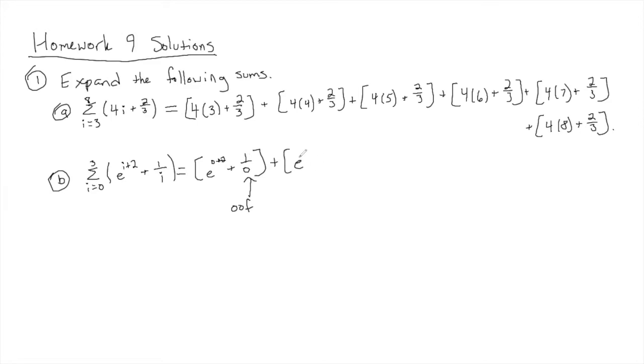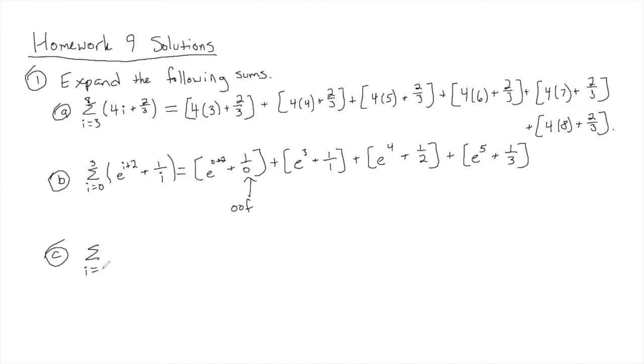And I'll have e to the 1 plus 2, but I'll just write that out as 3 plus 1 over 1 plus e to the 4 plus 1 over 2. And last one is e to the 5, which is 3 plus 2 plus 1 over i, which is 3 in that case. Okay, and you'll have to just take the 1 over 0 for that, just because I screwed up.